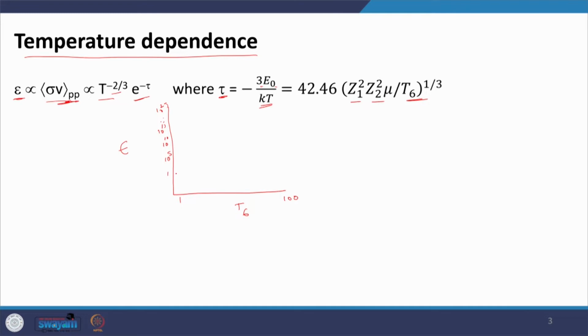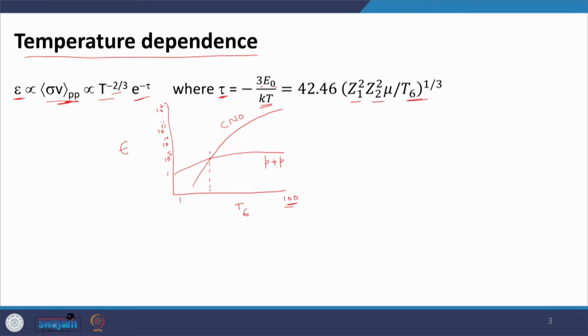So, one can say that the energy produced in this proton plus proton reaction when temperature is changing from 1 to 100 T6 changes like this, whereas if you see another reaction set which is responsible for the production of helium-4, that is the CNO cycle, whose details I will discuss very soon.